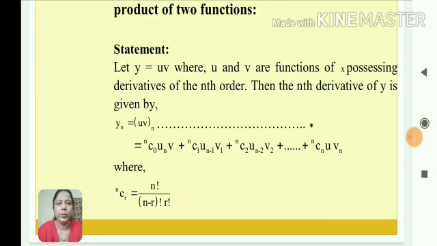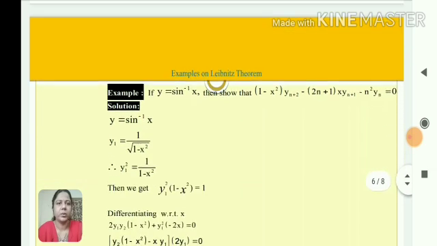Let y equal to uv, where u and v are functions of x possessing derivatives of nth order, then the nth derivative of y is given by yn is equal to (uv)n, which is equal to nC0 un v plus nC1 un minus 1 v1 plus nC2 un minus 2 v2, and so on, plus nCn u vn, where nCr is n factorial upon (n minus r) factorial into r factorial. So it was the statement.